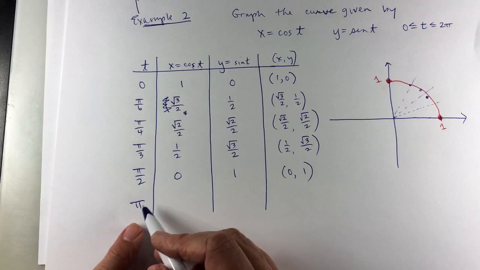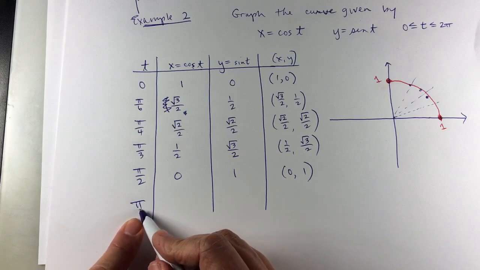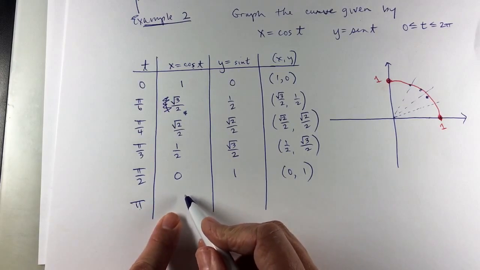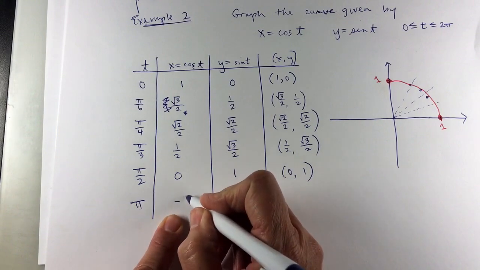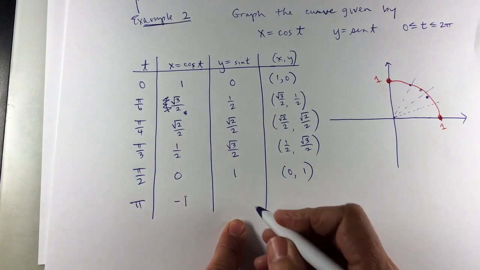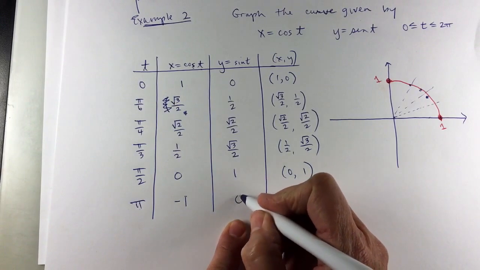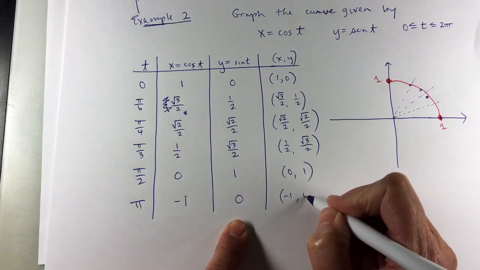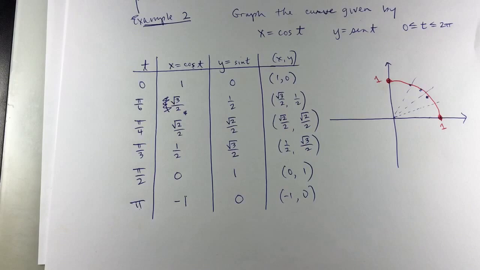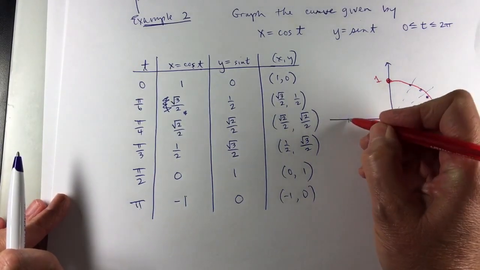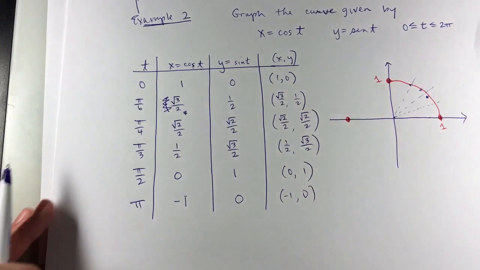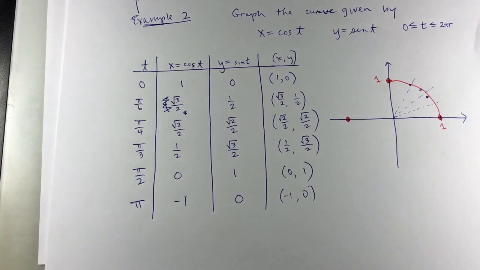circle. So let's see, if t equals pi, then the cosine of pi is -1, and the sine of pi is 0, so -1, 0. So on my graph, that would be at -1 on the x-axis.